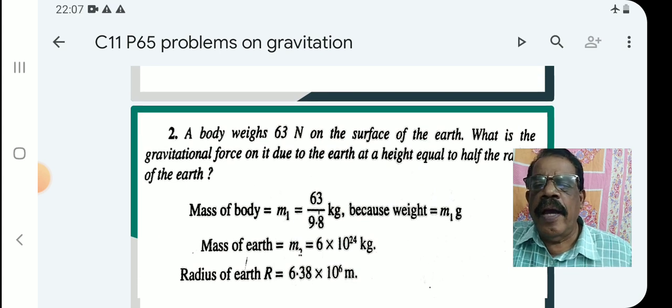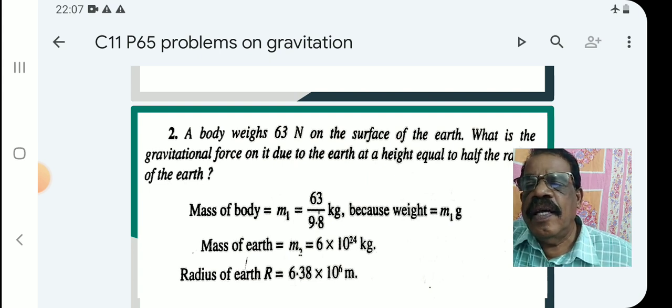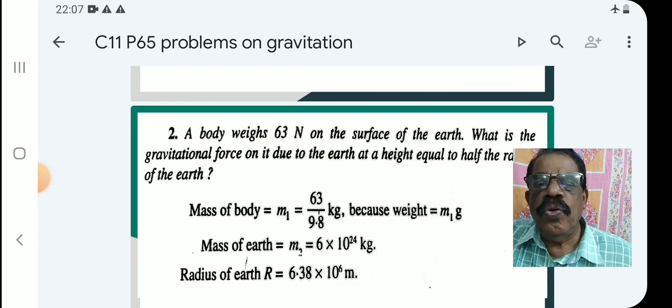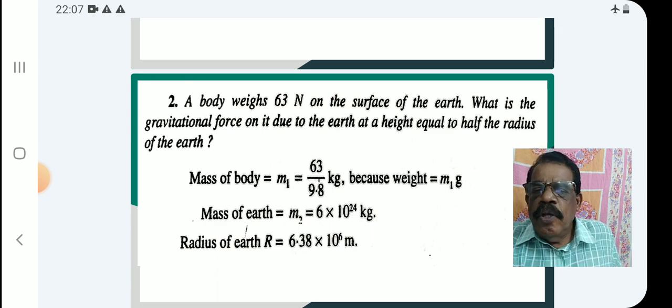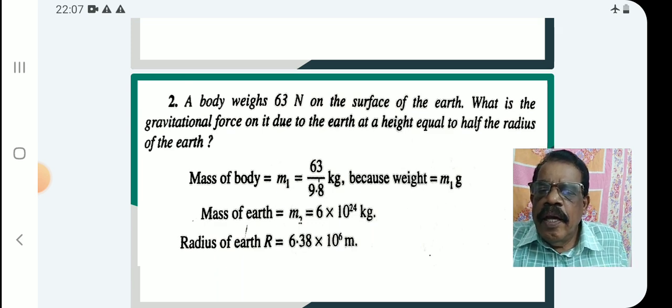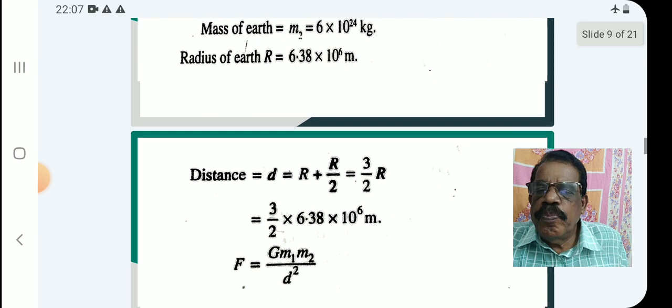A body weighs 63 Newton on the surface of Earth. What is the gravitational force on it at a height equal to half of the radius? The same type of problem. So here one slide is missing.